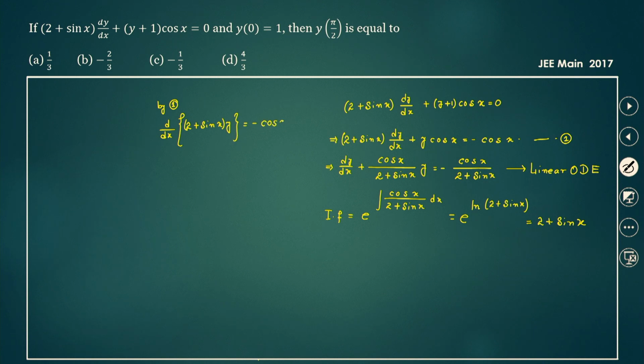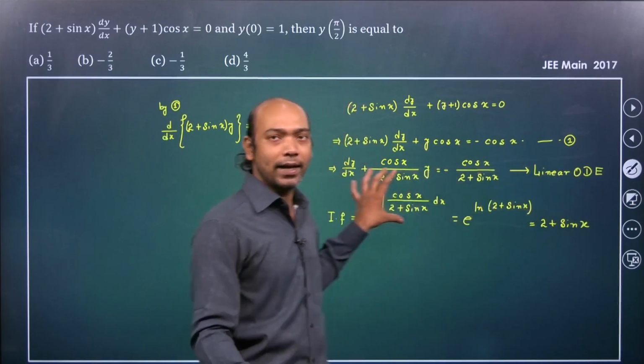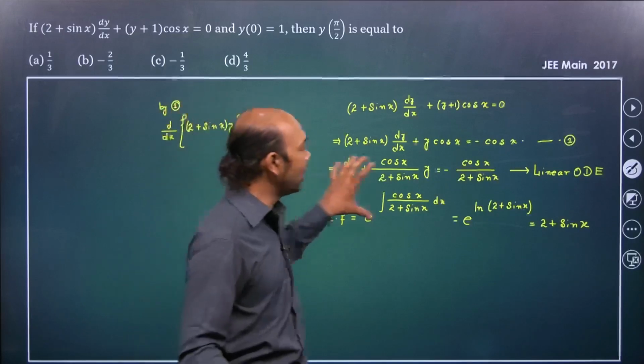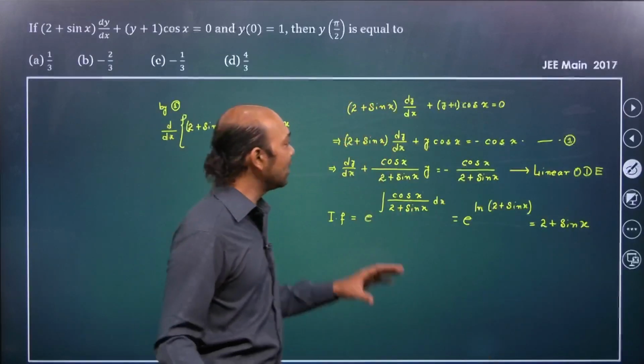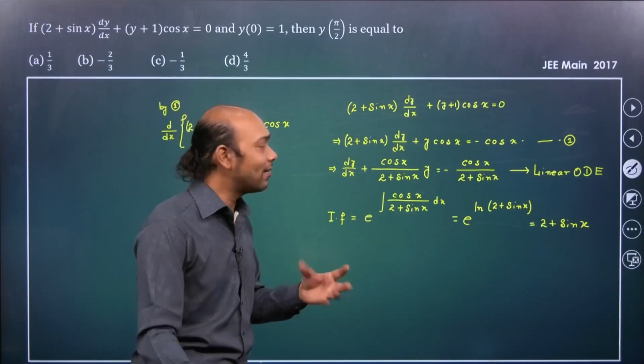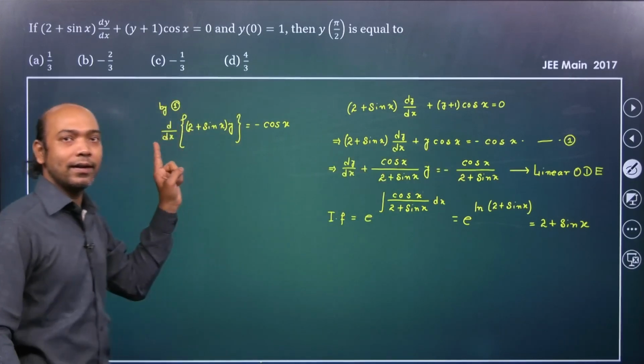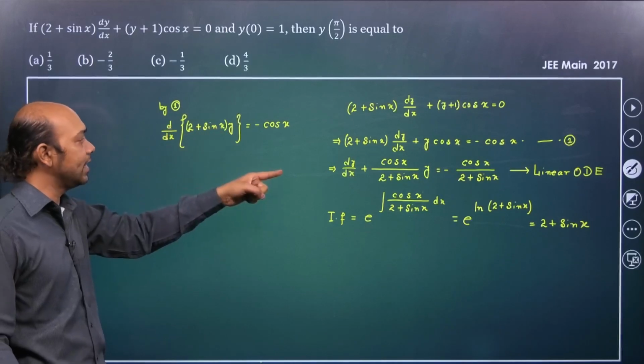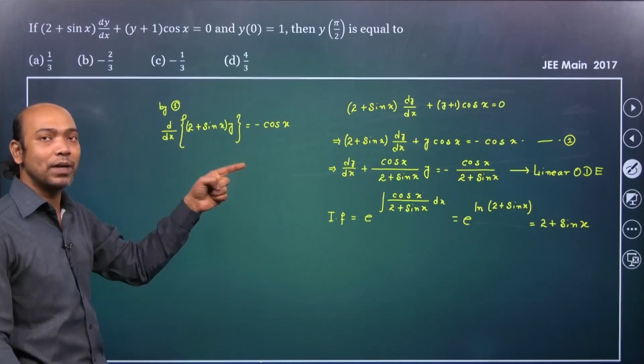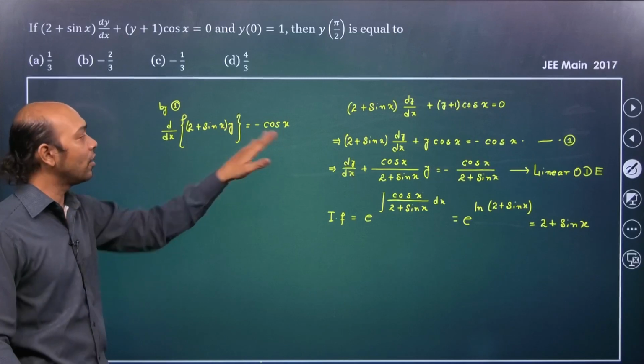For this problem it's actually not required to do this second step, but if you don't understand that, you can go ahead. If we have a nice eye, we can easily understand that equation number 1 can be rewritten in this form: (2 plus sine x) dy/dx plus y times d/dx of (2 plus sine x), which gives you cos x, and obviously cos x.